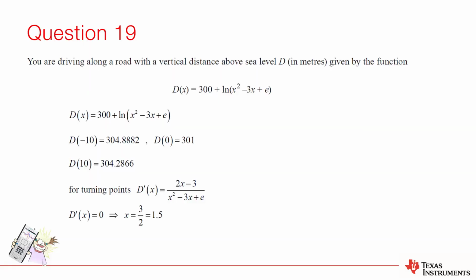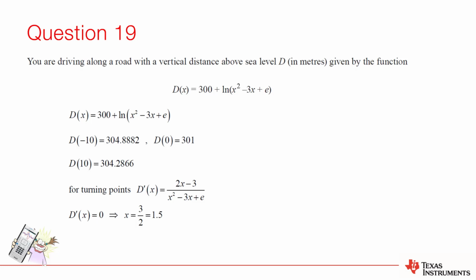In other words, what's going on here? Well, we could have done this one by hand. Once again, the derivative of log e of (x squared minus 3x plus e) is the derivative of that function, which is 2x minus 3, over the function. The derivative of 300 is 0. So if we solve that equal to 0, we get x equals 1.5.